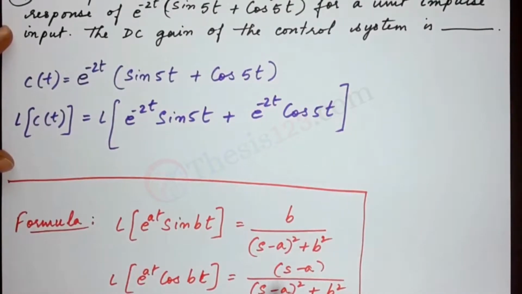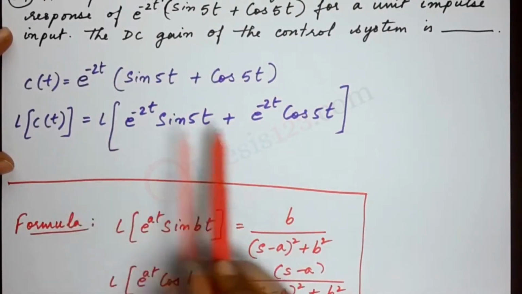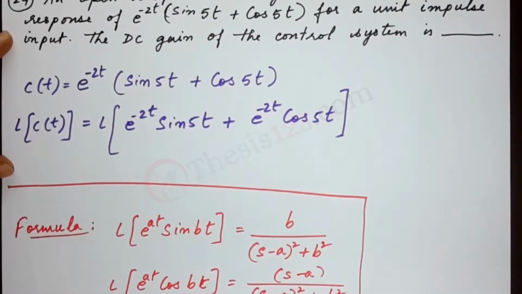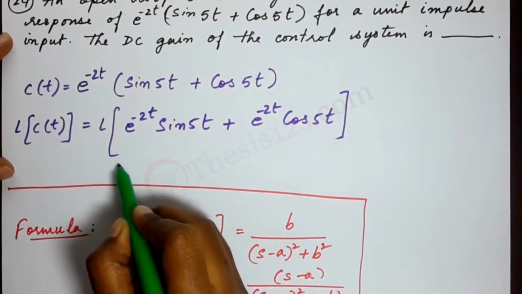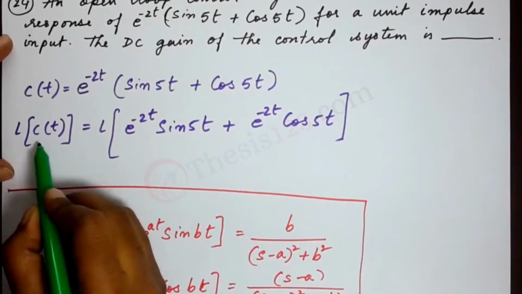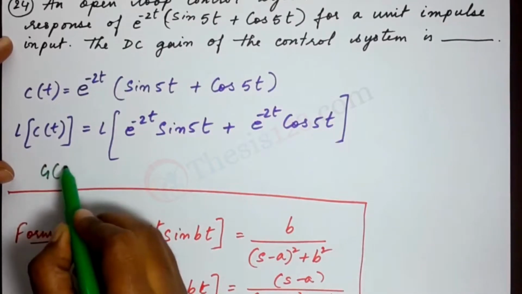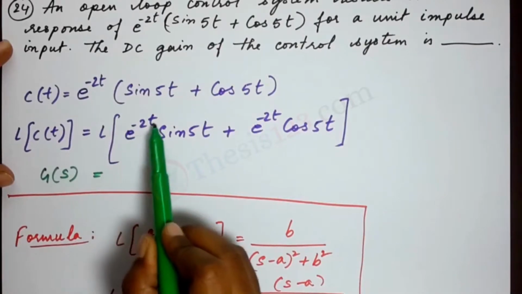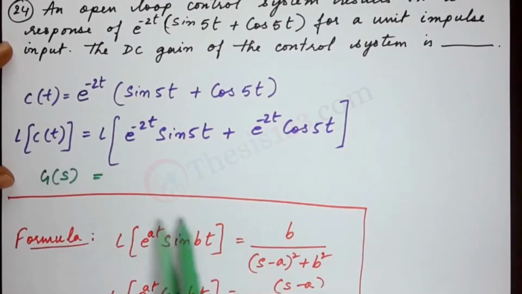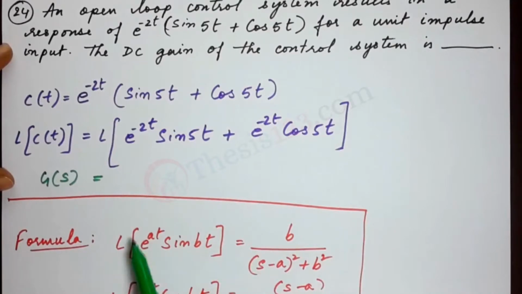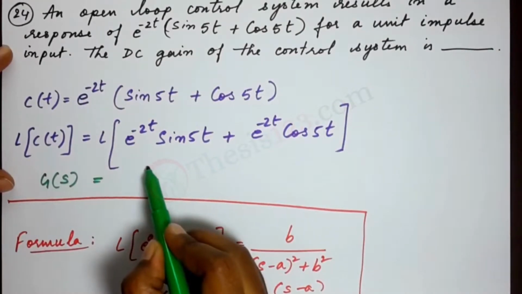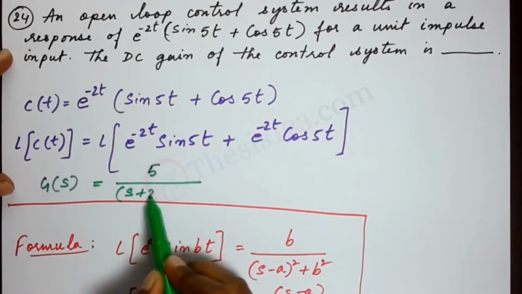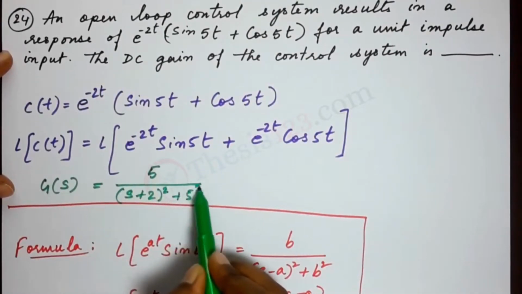Now we use these formulas and substitute them over here. Let's see what we get. We now have, let's call the Laplace of c of t as G of s, is equal to, now the Laplace of e power minus 2t sin 5t resembles this formula here. So that gives us 5 divided by (s plus 2) whole square plus 5 square.